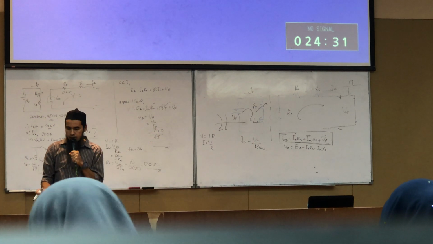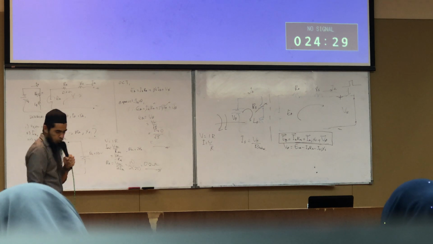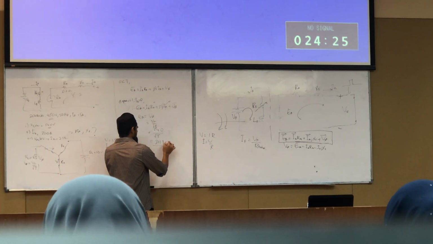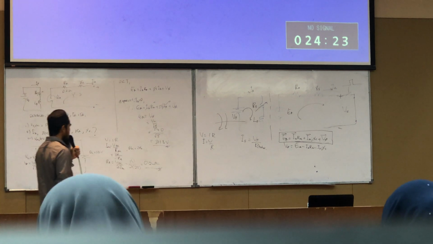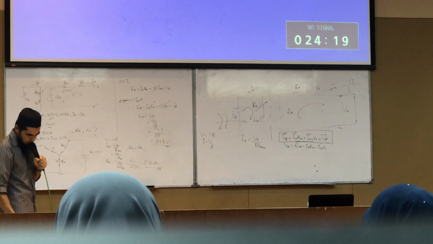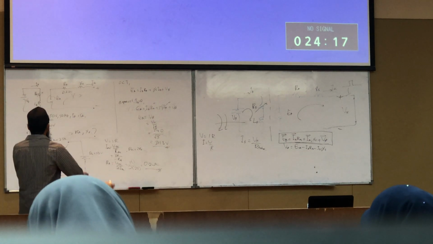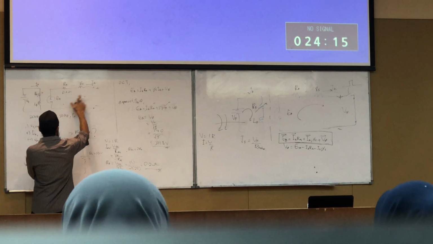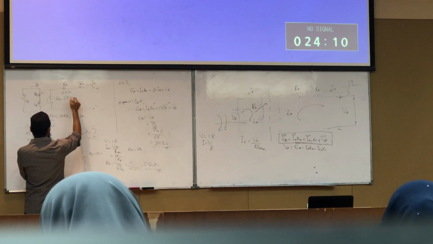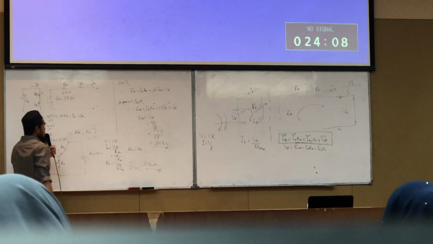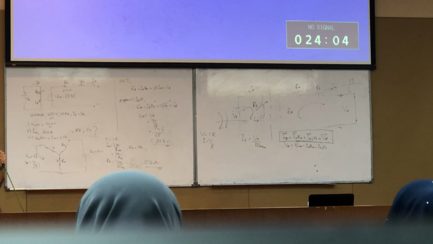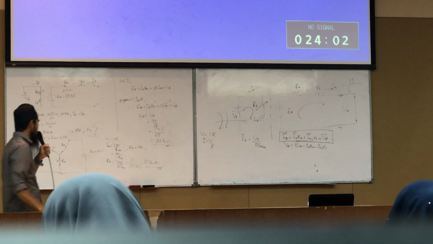You will get 311.8 volt of your EA. So this is the open circuit test. First DC test, then open circuit test.